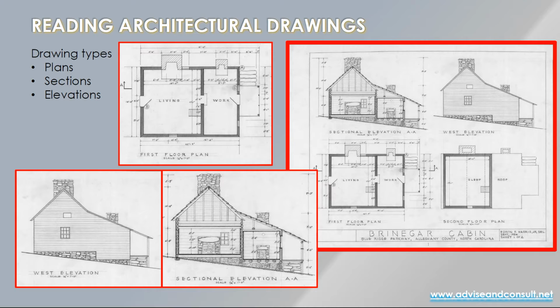And you can see there are dimension strings, and I think probably most of you are familiar with dimension strings. We call them strings because they refer to various relationships of dimensions. So, for example, on the first floor plan on the lower left, there are two dimension strings to the right side.